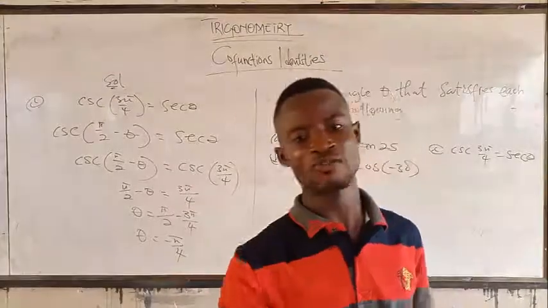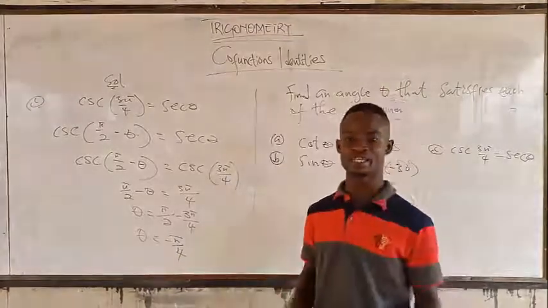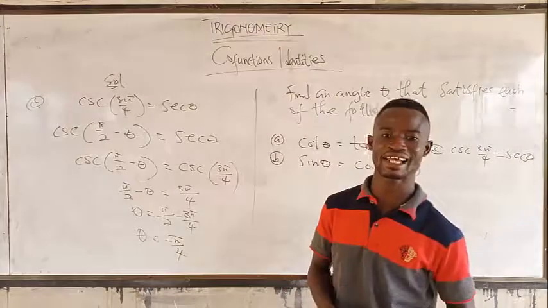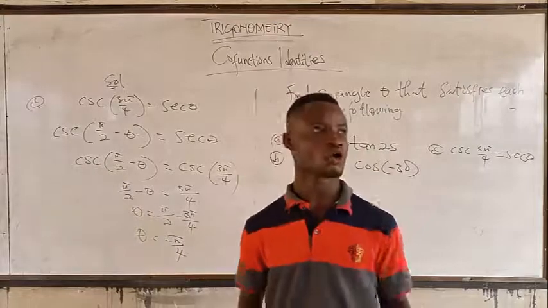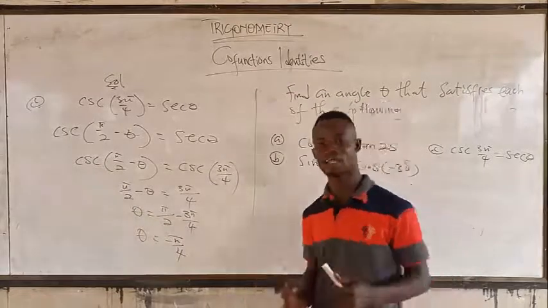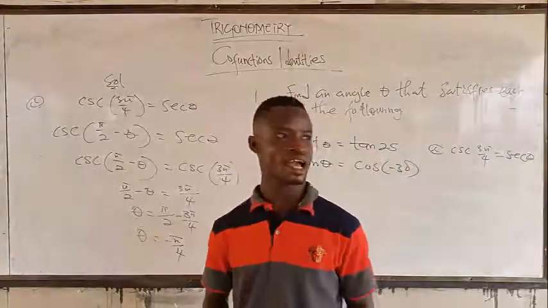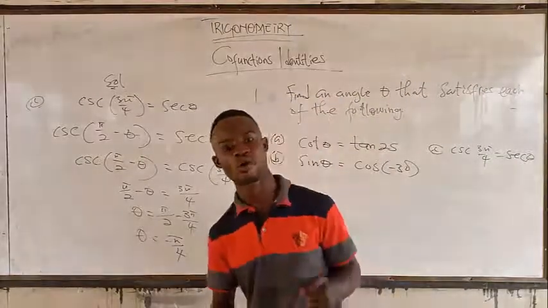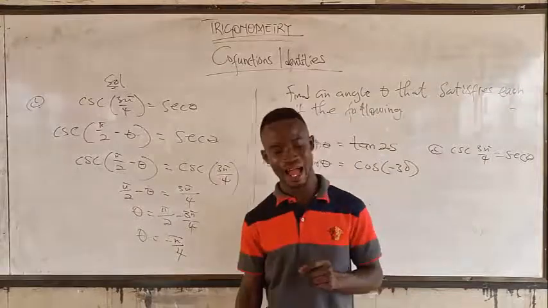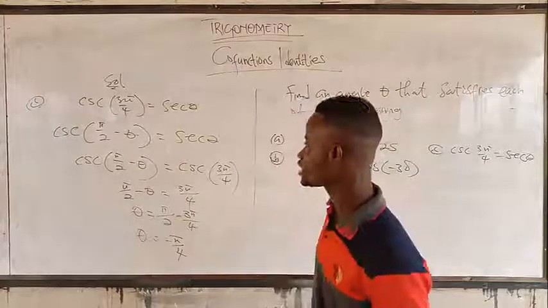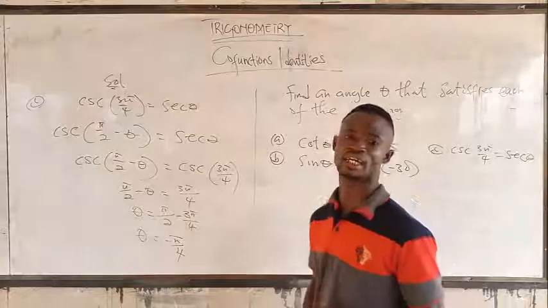Now, what if one of the angles A or B in the identity for cos A plus B and cos A minus B is a quadrantal angle? All right.